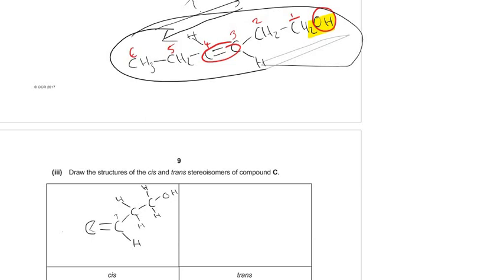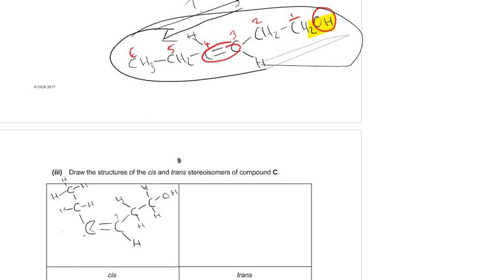And this is cis. So remember, cis, they're on the same side of this double bond. It's a special type of EZ isomerism. So we've got 1, 2, 3, 4, 5 carbons. And then we have our 6th carbon here.